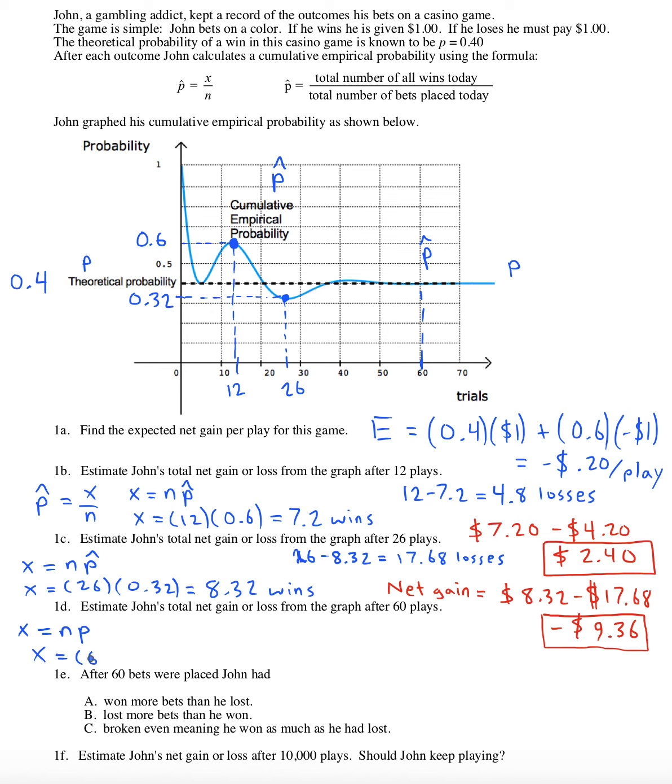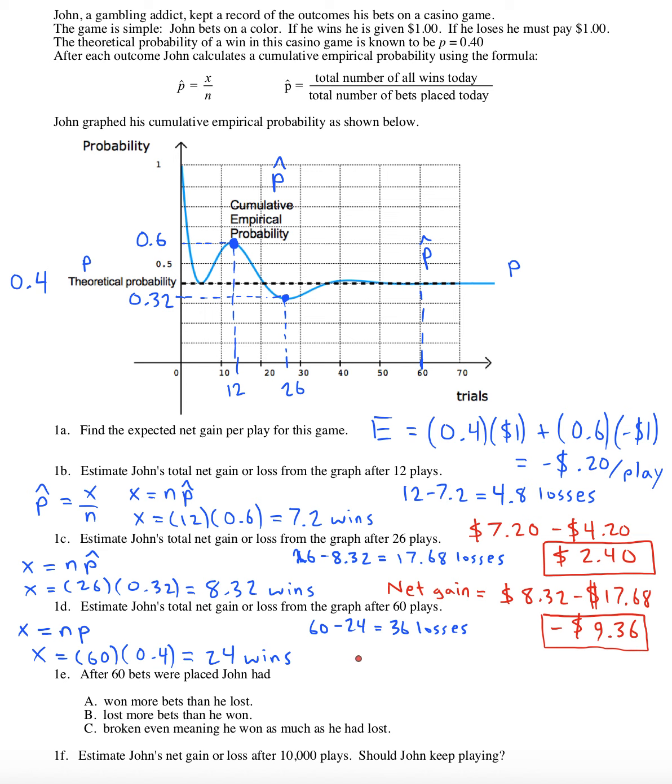So 60 plays, 0.4. Let's see how many wins. 24 wins. And 60 minus 24 equals 36 losses.